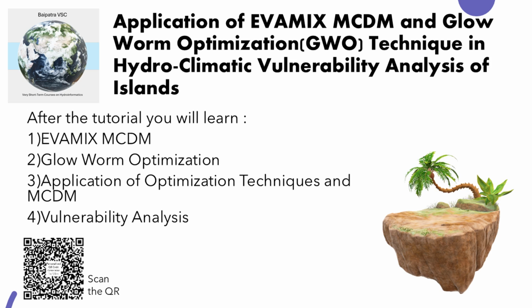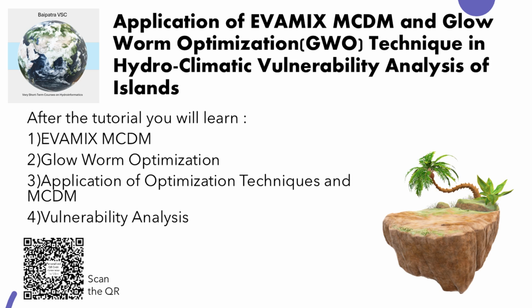So, the first step will be selection of relevant parameters that can represent vulnerability of the islands. In this regard, we will try to discuss with different stakeholders and multidisciplinary experts, and we'll also refer to various literatures that are already published, government reports, seminar reports, webinar reports.